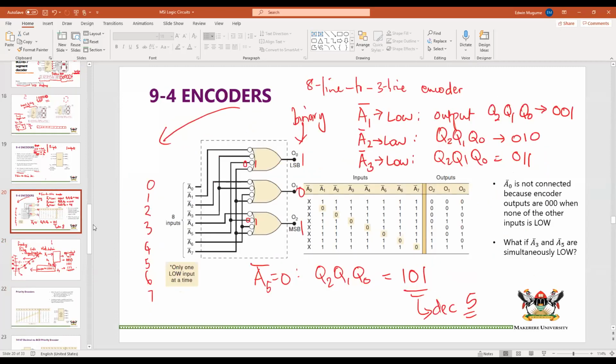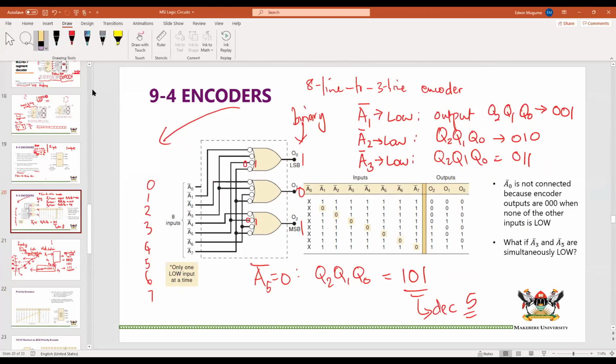Now, the question might come: why is A naught not connected?